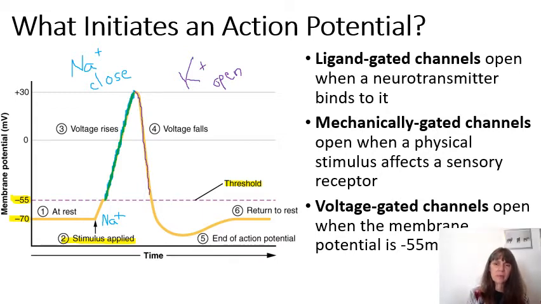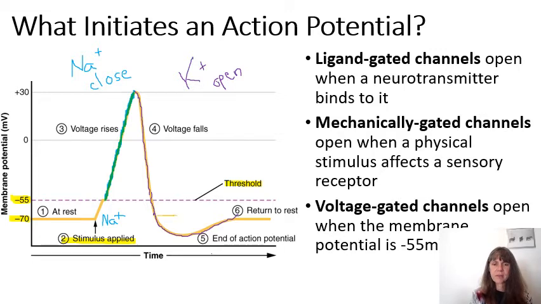Because potassium voltage-gated channels close more slowly than the sodium voltage-gated channels, too much potassium exits, and the cell membrane at that area becomes hyperpolarized.